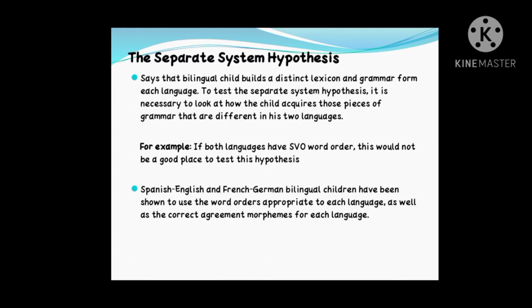Spanish-English and French-German bilingual children have been shown to use the word orders appropriate to each language, as well as the correct agreement morphemes of each language. Other studies have shown that children set up two distinct sets of phonemes and phonological rules for their languages.